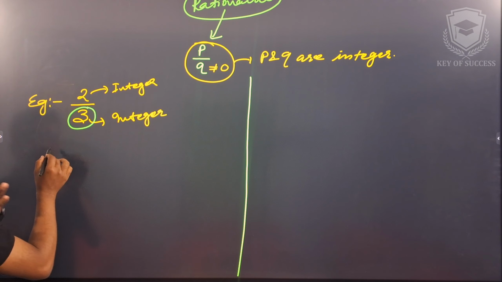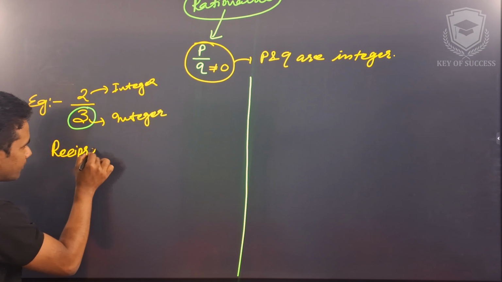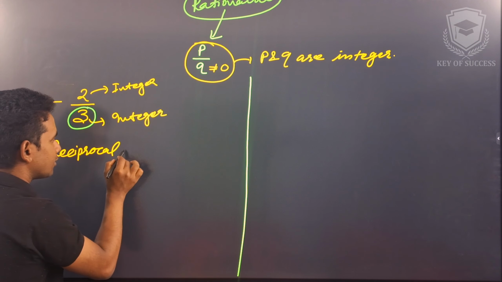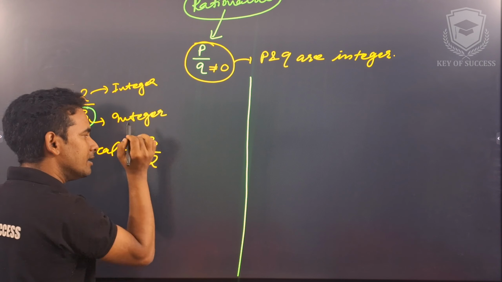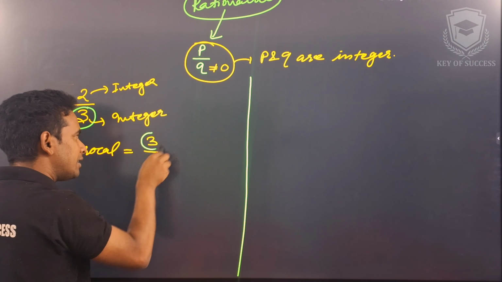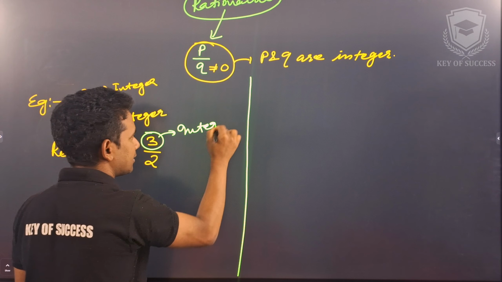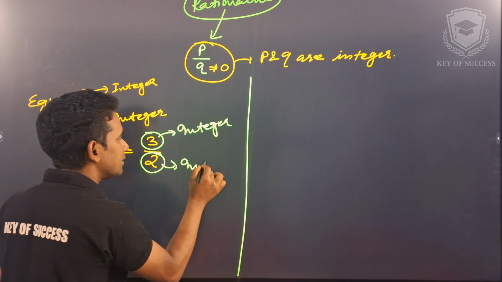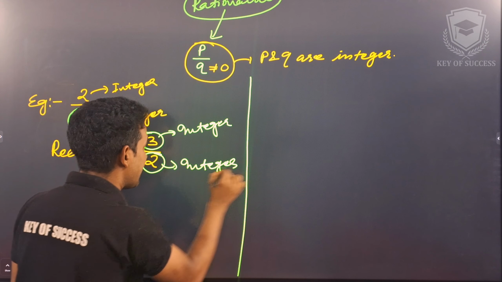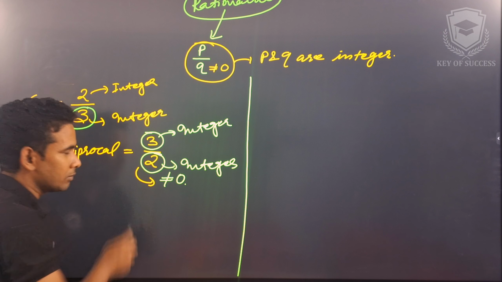Now, if I am taking the reciprocal of 2 by 3, it will become what? 3 divided by 2. Here the numerator, that is 3, is an integer. And 2 is also an integer and that is not equal to 0. That is, the denominator is not equal to 0.